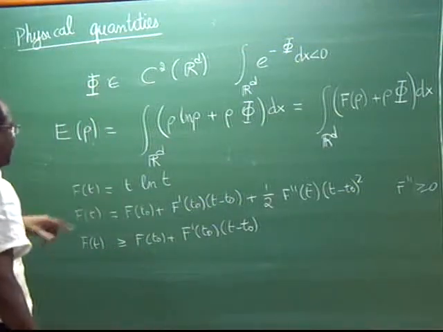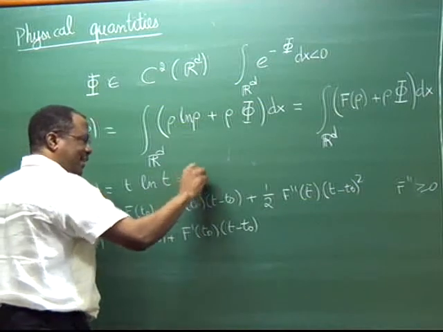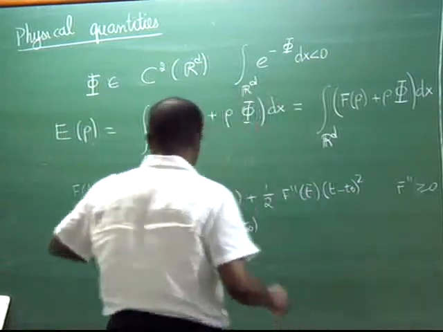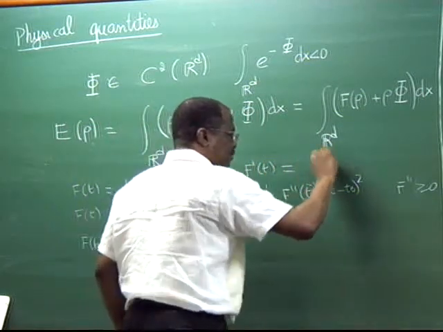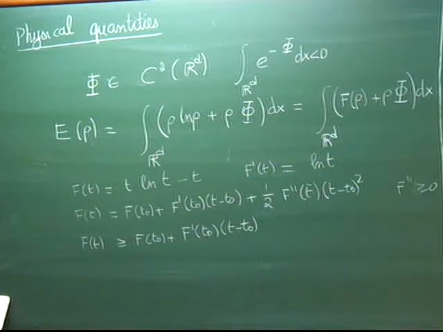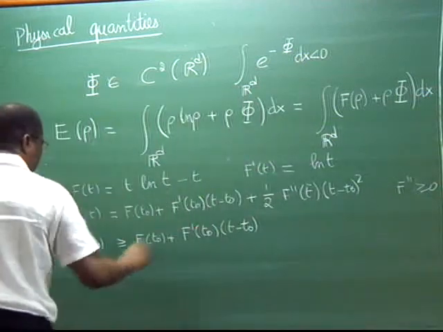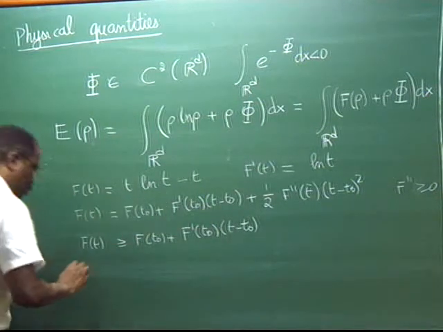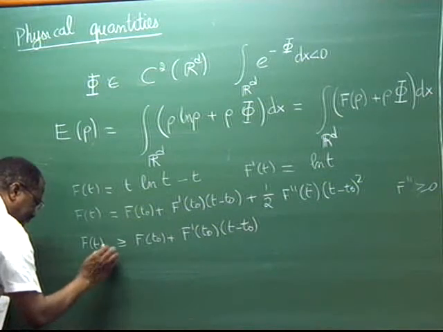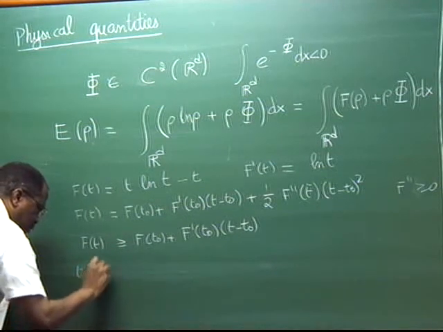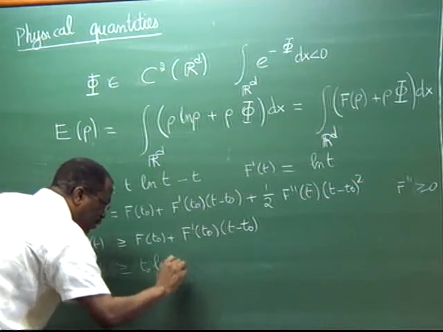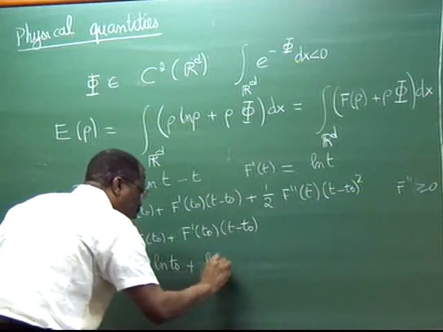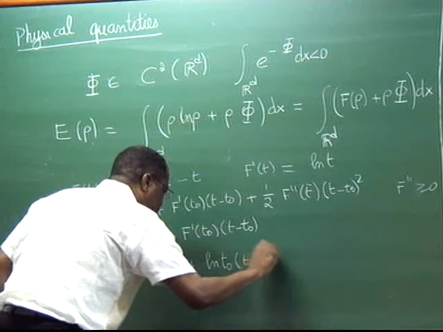So now let us do that here. Let me add negative t here for the following simple reason. If I compute f prime of t, I get log of t. Otherwise, I will get log of t minus 1. So if I apply that here, it will tell me that t log of t is greater than or equal to t naught log of t naught plus log of t naught, t minus t naught.